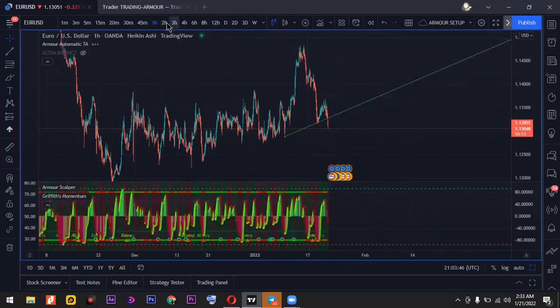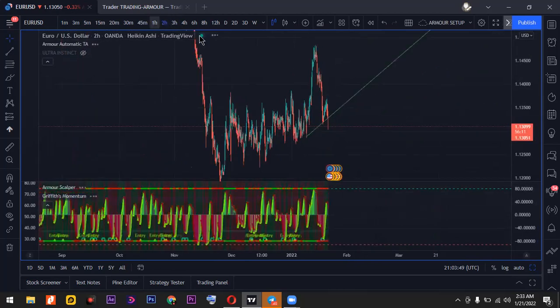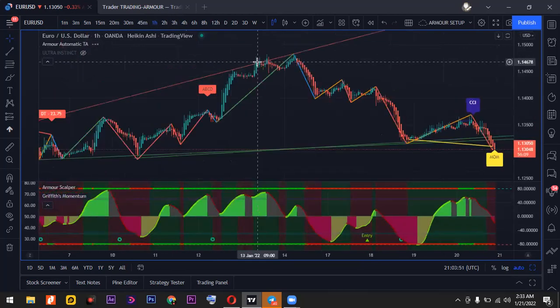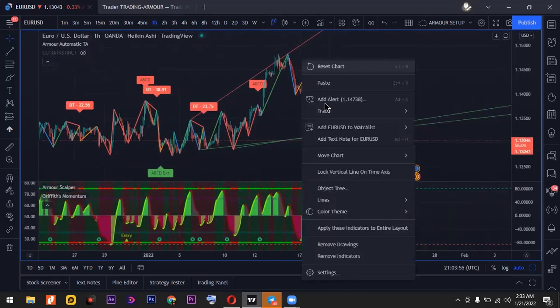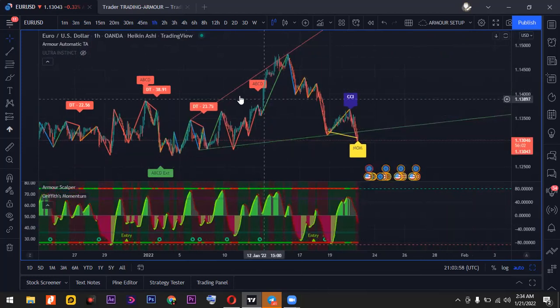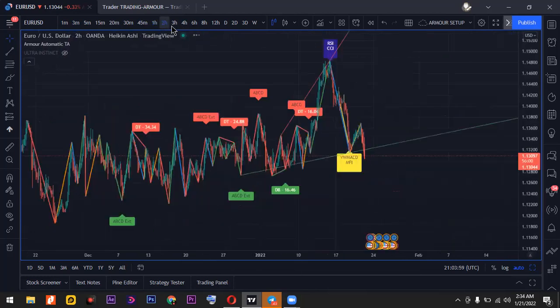Let's keep moving to another pattern. See, the patterns are changing with the moving time frames.